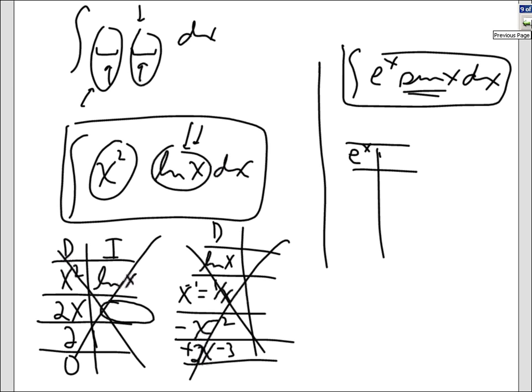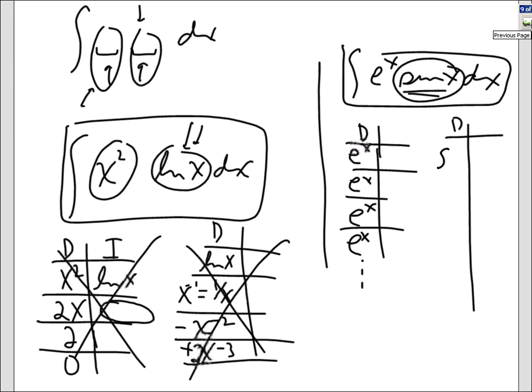If you keep differentiating e to the x, you're never going to get anything but e to the x. If you differentiate sine x, it's really not going to help either, because it keeps fluctuating plus minus sine x and plus minus cosine x.